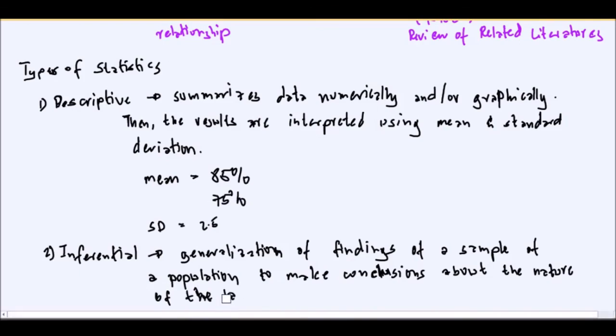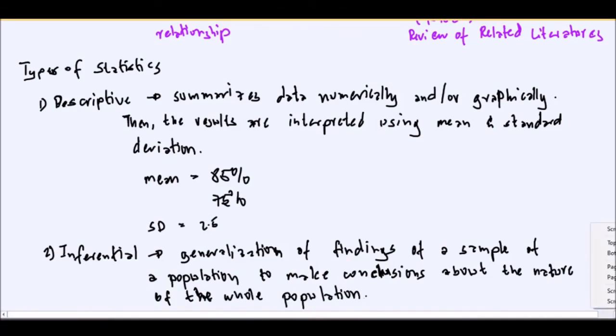So inferential statistics is the generalization of findings of a sample of a population to make conclusions about the nature of the population.